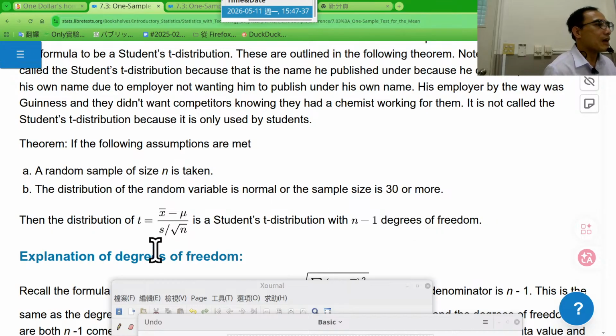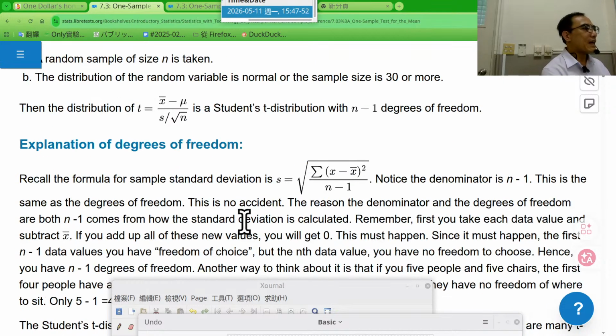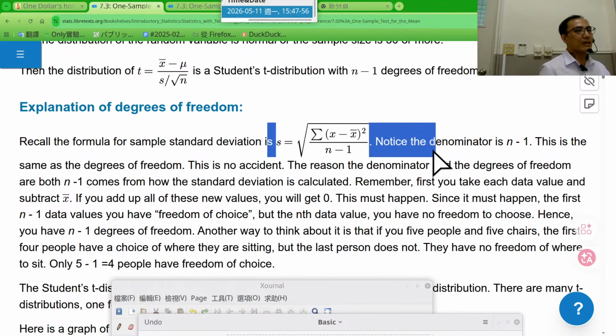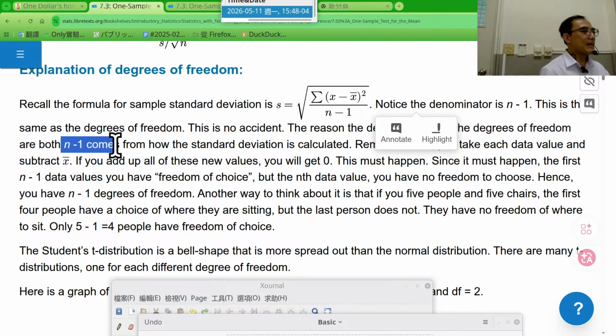The denominator is s, the sample standard deviation, divided by the square root of n, the number of samples taken. If you have trouble understanding this, just remember n minus 1.